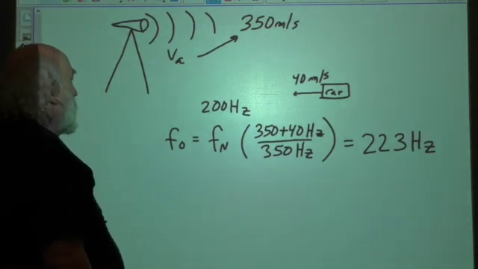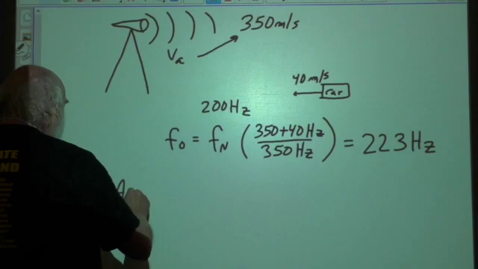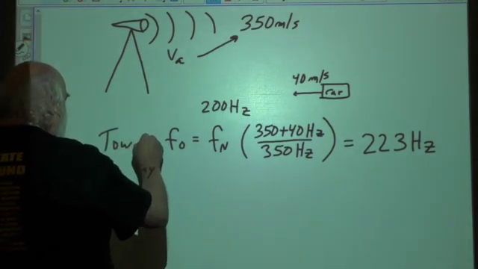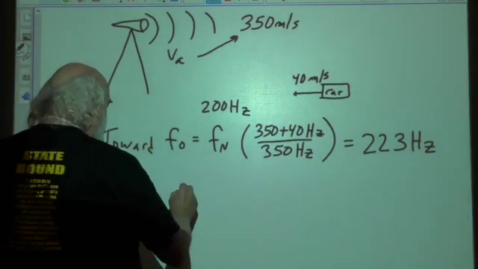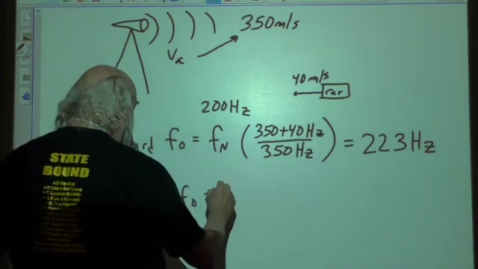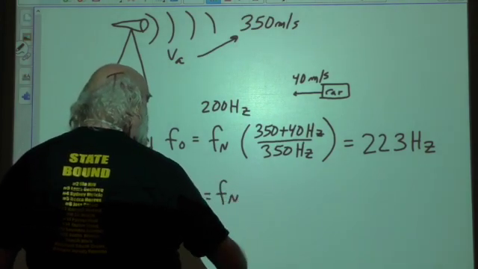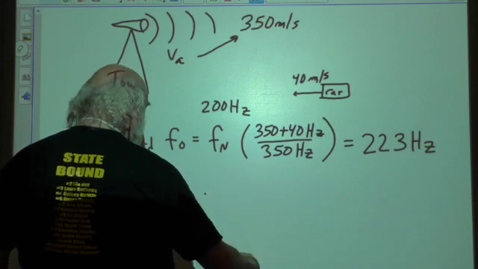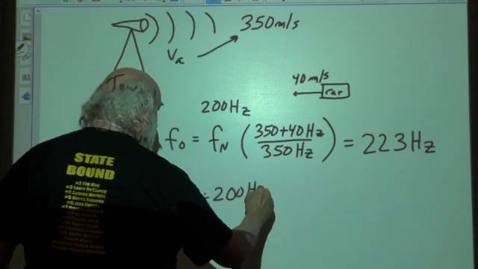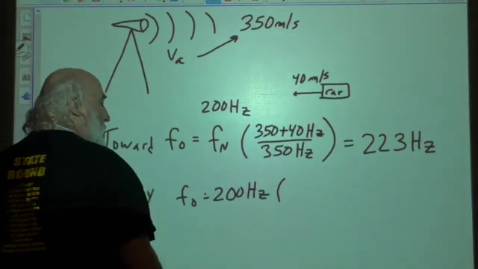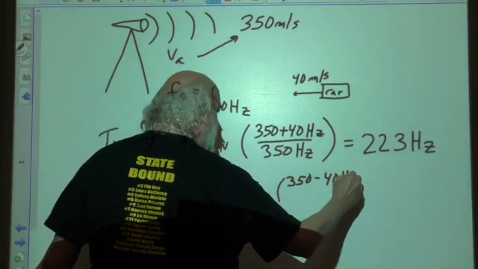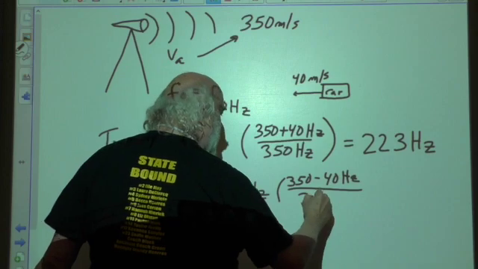Okay, now, if it's going away, this is toward, this is away, so the frequency as observed by the person in the car, instead of sitting by the side of the road, is f_N, which is 200 hertz, like I said up there. And now we're going to subtract in the numerator. So this is 350 minus 40 over 350.